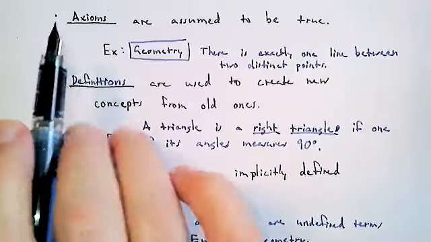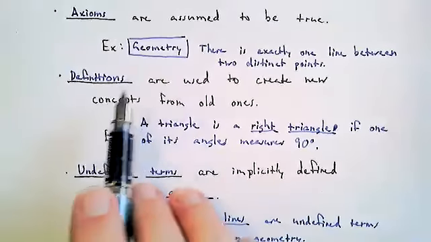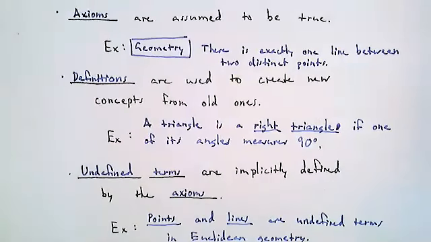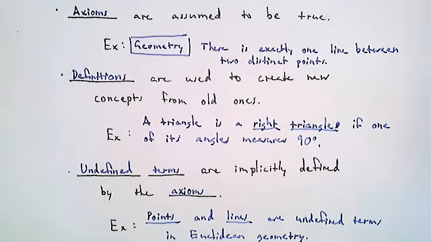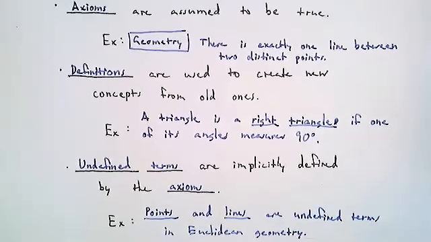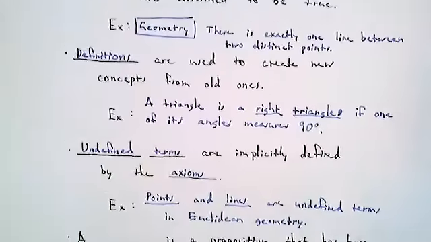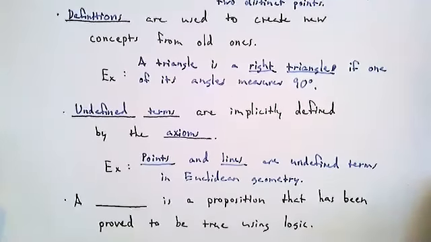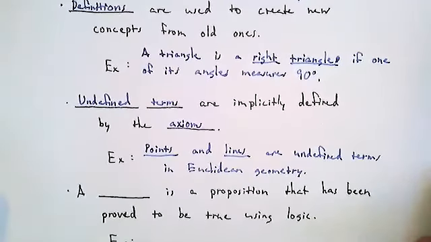You have things that you're assuming to be true. You put your old ideas together from your axioms to make new definitions. And sometimes there are terms that you don't define, like points and lines in geometry. And you might remember that we didn't really define what a set was when we were talking about set theory. That's usually an undefined term.